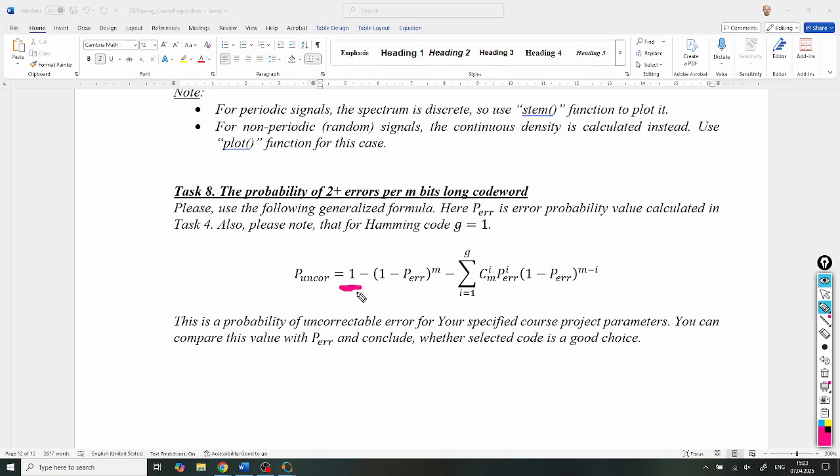So correct combinations with 1 error, with 2 errors, with 3 errors, and so on and so on. From set of all of the possible outcomes, what we want to now subtract is the event when you receive code word without a single error. So error probability is some number. Yes, 1 minus error probability is the probability to receive a symbol correctly.